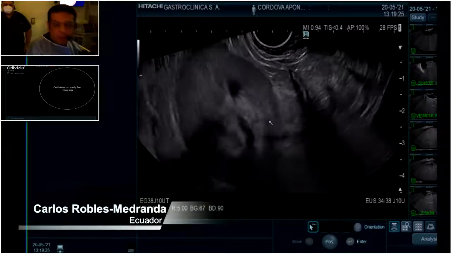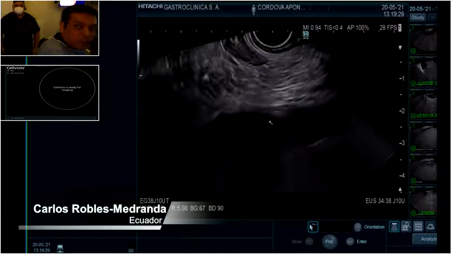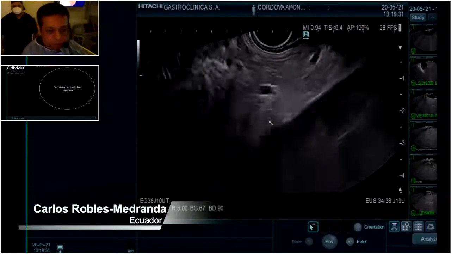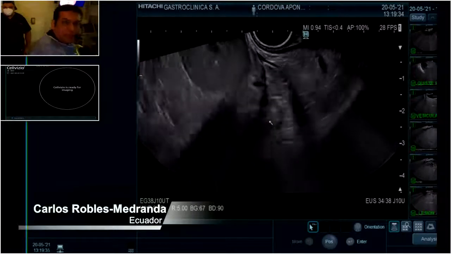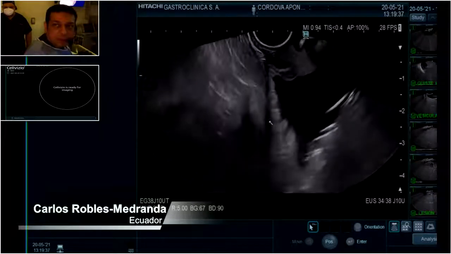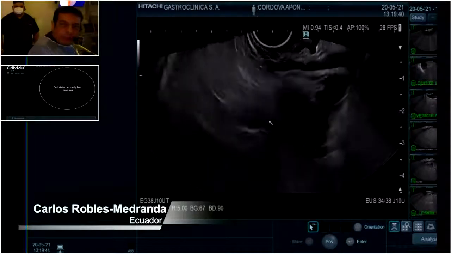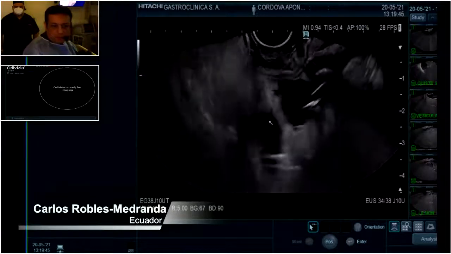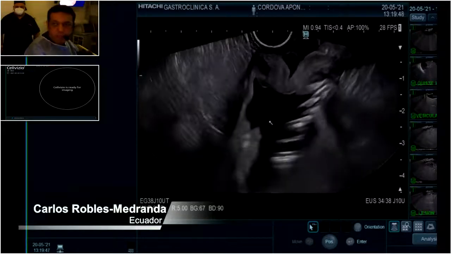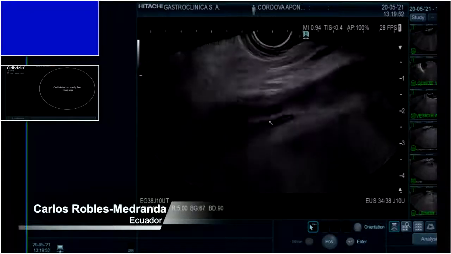So it's very important to evaluate everything because we don't have any record that this patient has been diagnosed as acute pancreatitis. So when we have a cystic lesion, we need to evaluate a lot of things.